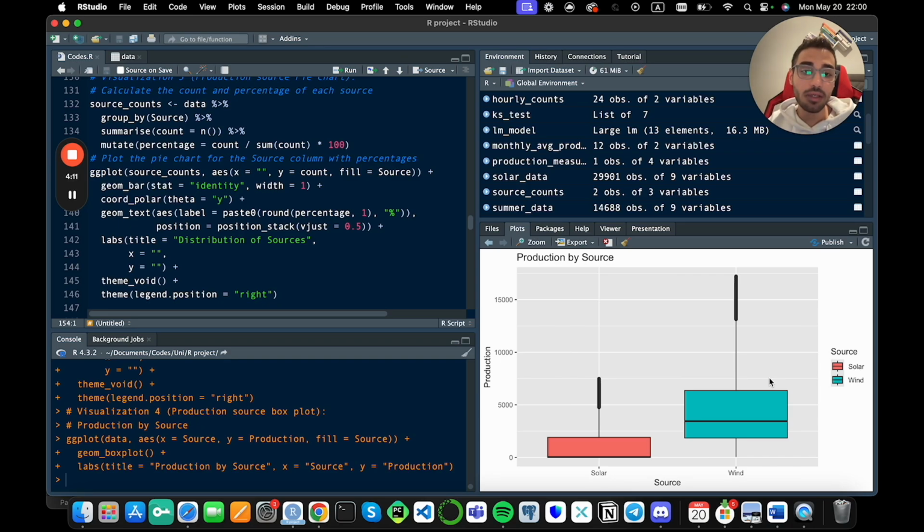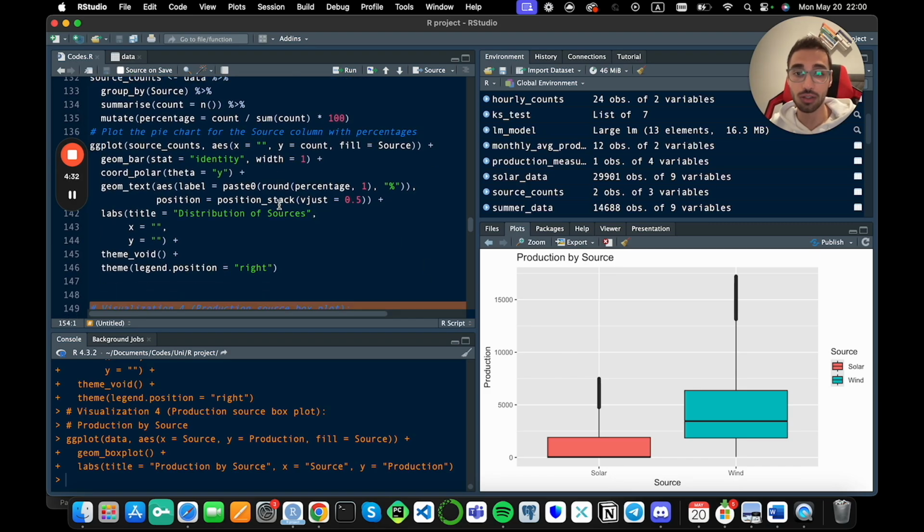I don't know, maybe it is because we have more infrastructure for extracting energy with wind, or maybe it is easier. But the thing our data is telling us is that the amount of energy from wind is way higher than the amount of energy produced by solar energy.